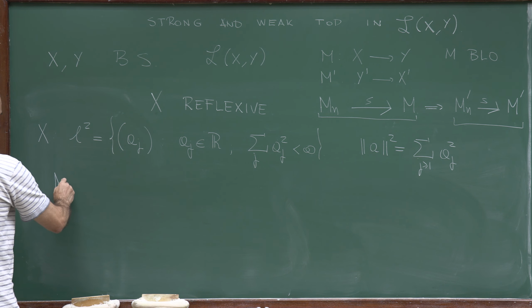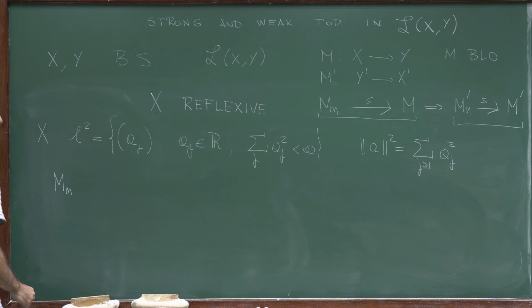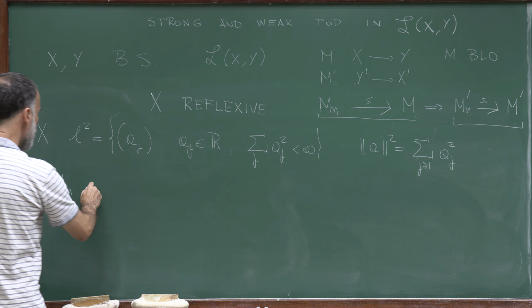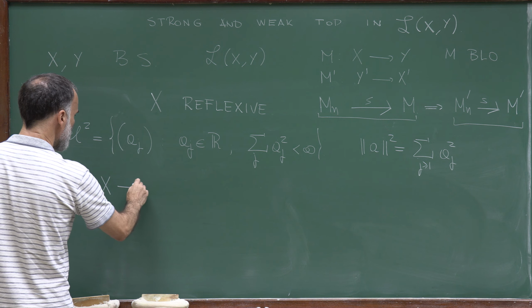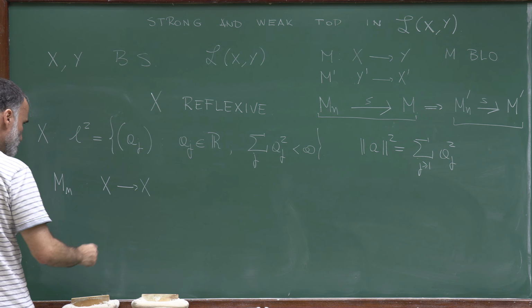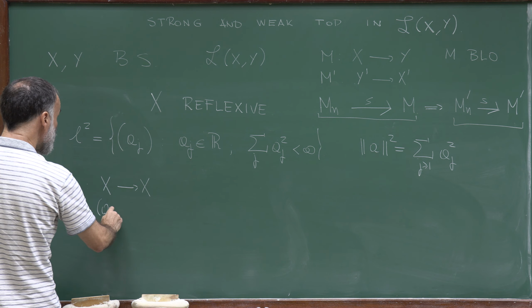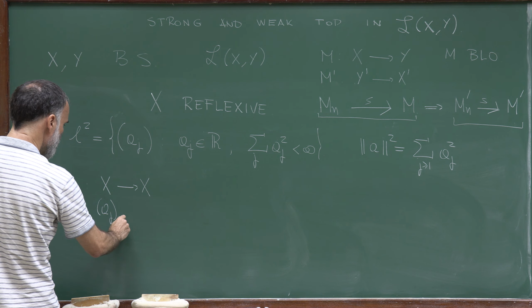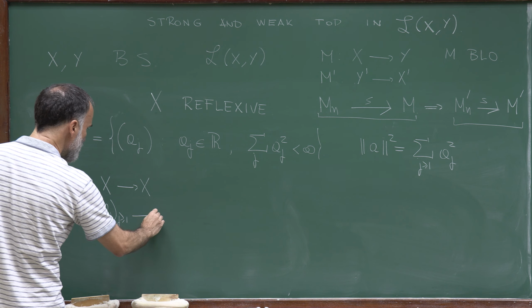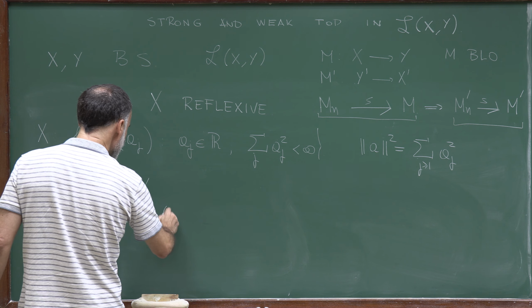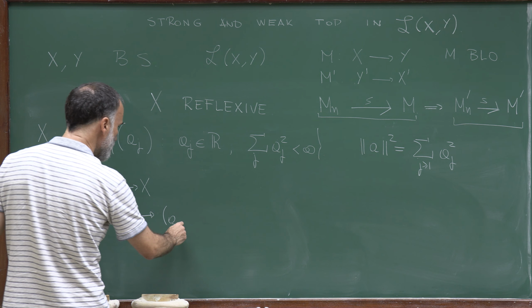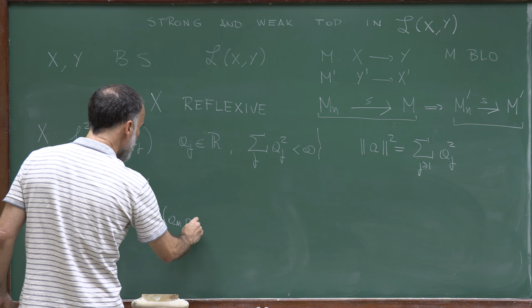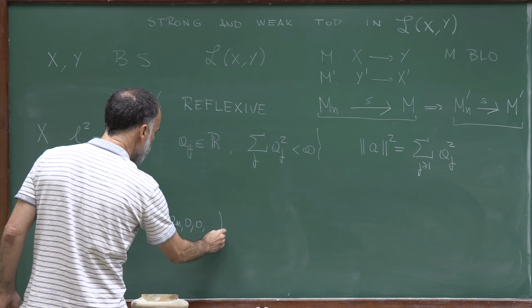Let me just define the operator Mn. So Mn will be an operator from X to X, so from L2 to L2, and it takes a sequence Aj and it sends this sequence to the sequence in which the first coordinate is An, the second one is 0, and so on.